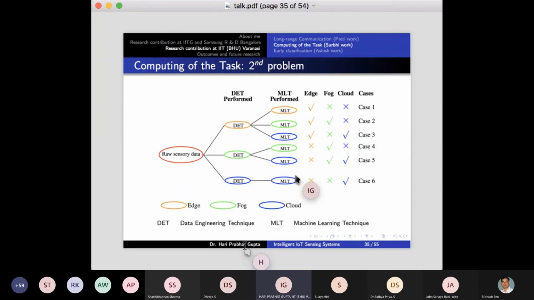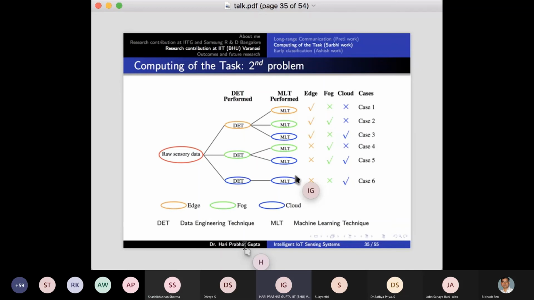For example, in machine learning, data pre-processing is the first step and machine learning is the second step. If I divide the problem into these two tasks, we are not able to swap them. We cannot solve the data pre-processing at the cloud and machine learning at the fog. First you need to solve the data pre-processing, and then comes the machine learning. So this order we need to maintain.